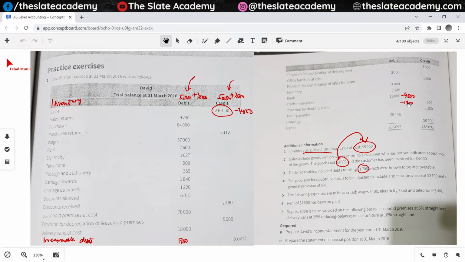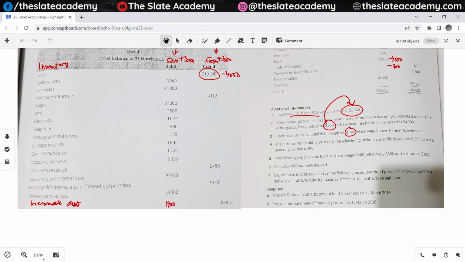Okay, the provision for doubtful debt is to be adjusted to include a provision of 3,100 and a general provision of 5%. Acha ji. So for this, we can quickly make the account of provision for doubtful debts. What it would look like is, we already have a balance of 800 in the provision for doubtful debts account to begin with, right?